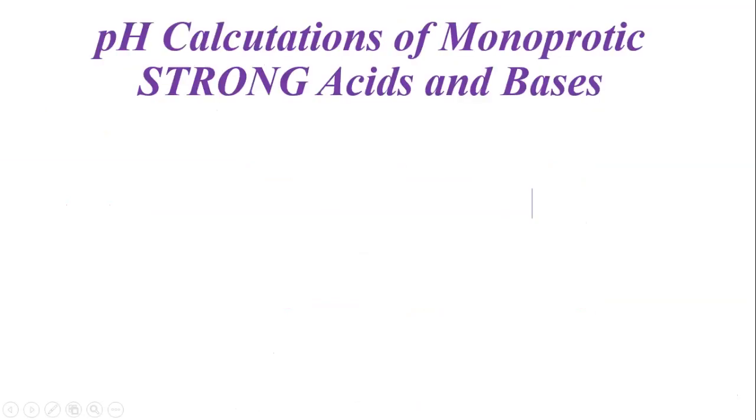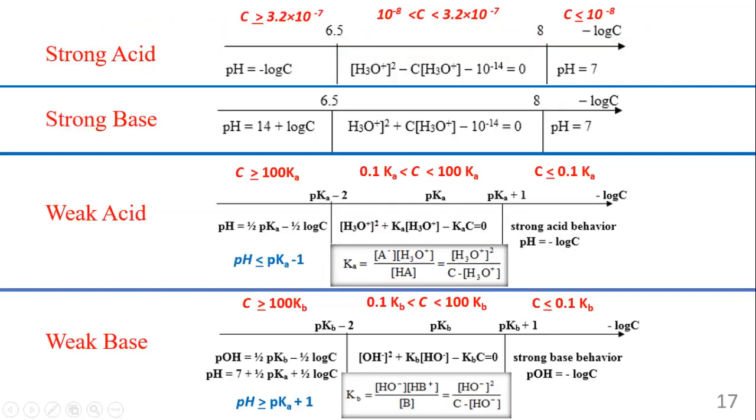I always used to make mistakes with them. It's an acid, so the pH is low, so it's less than, and put pKa minus 1. In the case of bases, the pH is usually higher than 7, so greater than, and put pKa plus 1. It's an easier way to memorize it.